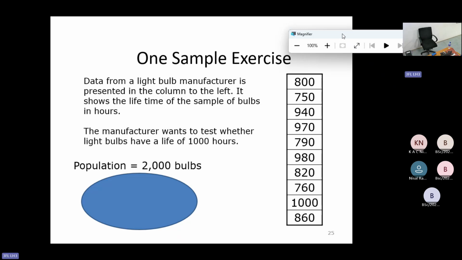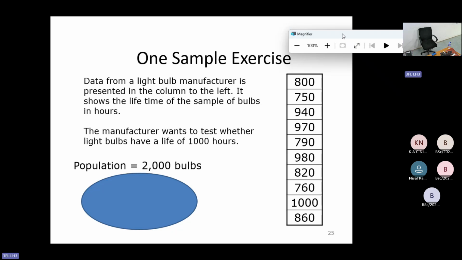Then I calculate the average of the time they lasted. Let's say the average lifetime of these 10 bulbs in the sample is 867 hours.